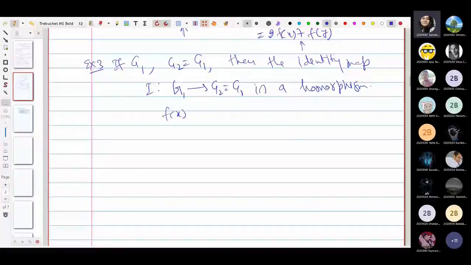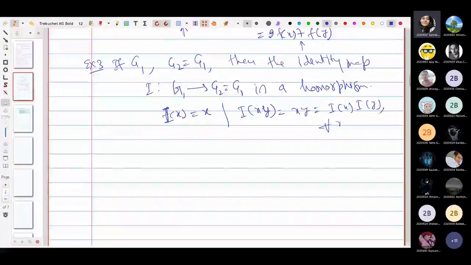You can write identity of x, which is mapped onto x, and then identity of x, y. We don't know the operation; whatever the operation is, we can write it very much like this, identity of x and then y, and this is true for all x and y belonging to the group G.